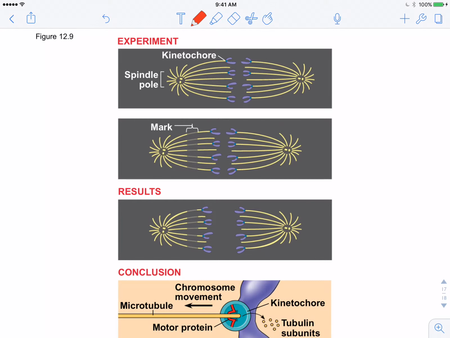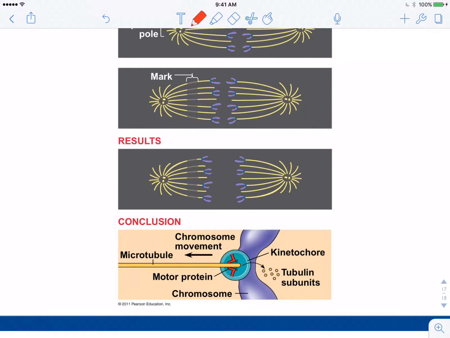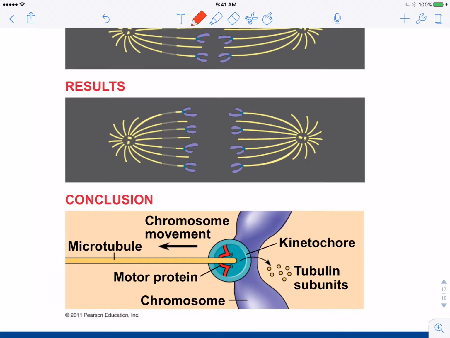Okay, so the microtubule doesn't detach at this end. The microtubule shortens at this end, so it attaches at the kinetochore end. I'm going to blow this up a little bit. Here's my chromosome.